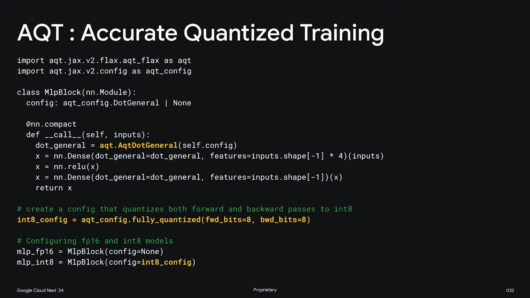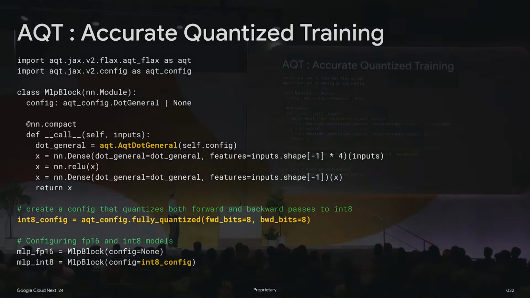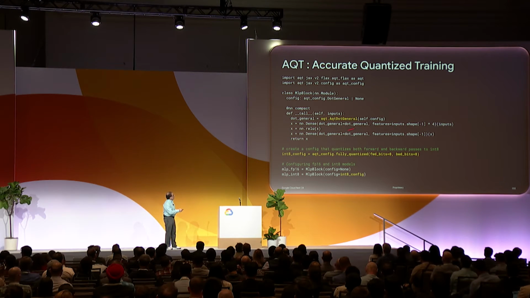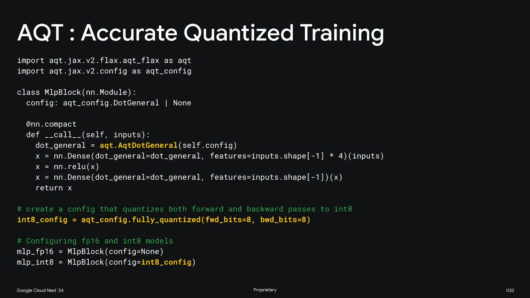This is that code. So let me walk you through this a little bit. We've got a class that we're defining that's a very simple model. And we've got a call with two dense layers and a ReLU activation function. This is kind of the key part of that. So it's going to pick up this config that we're going to give it when we call that.